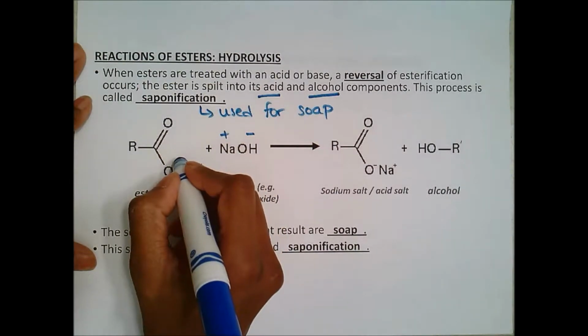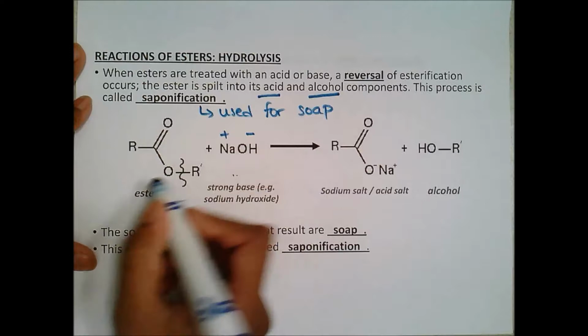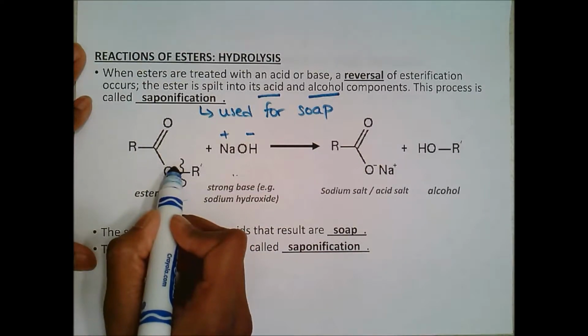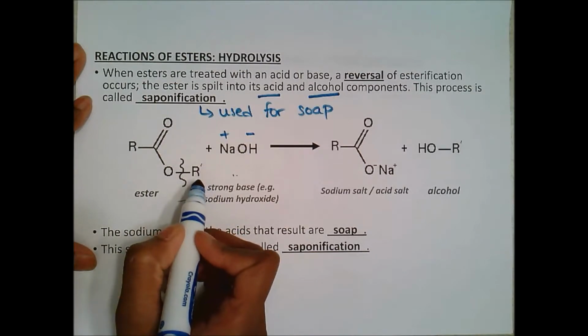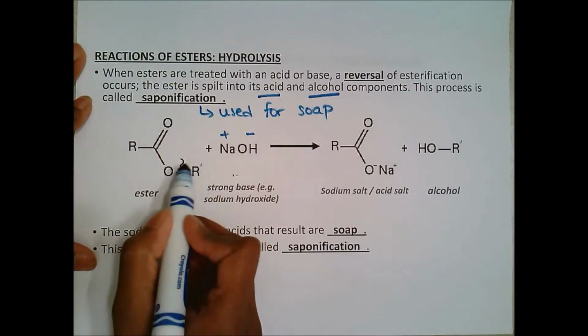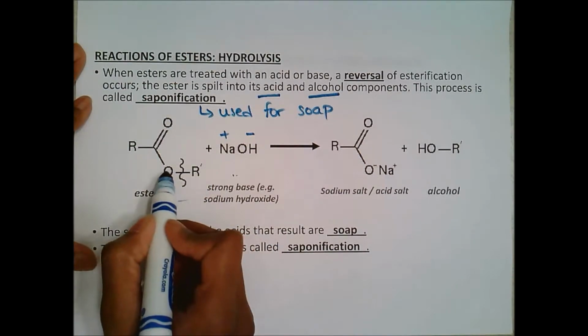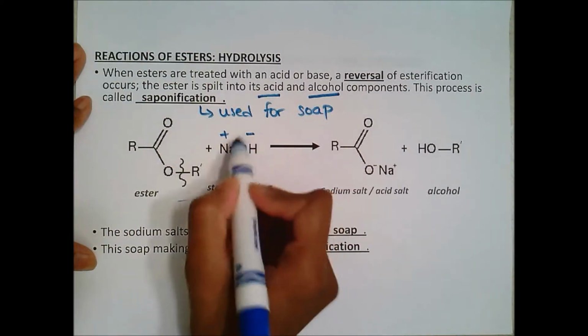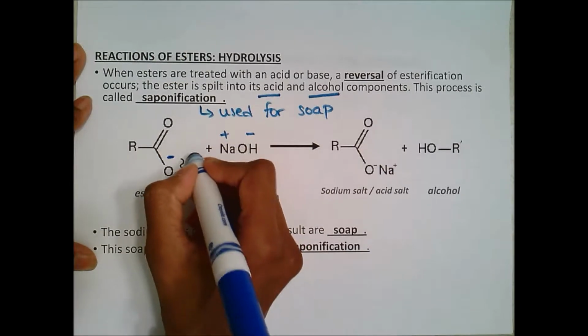If we break this apart right here, the oxygen loses a bond, so it becomes negative, and the alcohol group is going to be able to then balance that negative. So this becomes negative, this becomes positive.